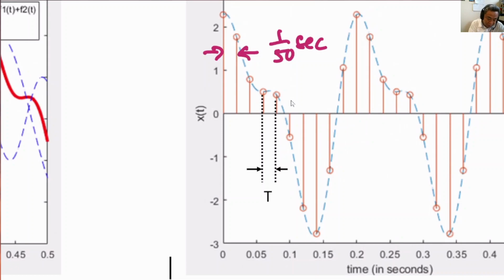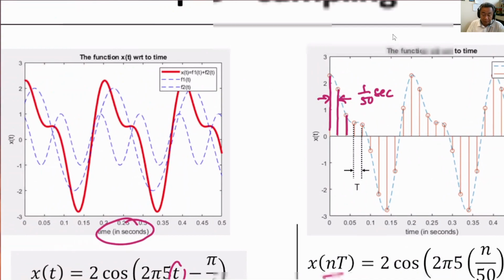So this horizontal bar here represents what I am going to see from this blue dashed line, which is the original signal of the red. Even though I am not remembering all the points, the sampling theorem tells me that as long as I sample fast enough, I can reconstruct the red line perfectly. But let's not bother about that.